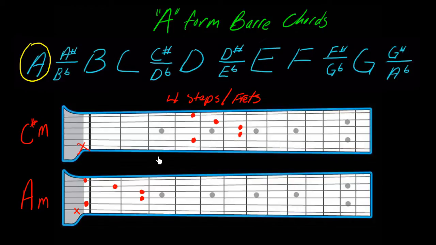Now the other thing you can do is, if you've noticed that whenever you use your index finger to bar something, you have to sometimes change which fingers do the fretting, because when you're playing a normal A minor chord, you would probably use your index finger for this note. But when you need to use that index finger to bar, then you need your other 3, your middle, ring, and pinky fingers to do the fretting here.